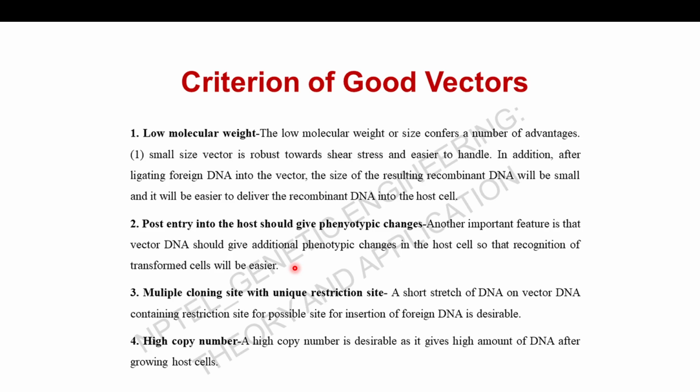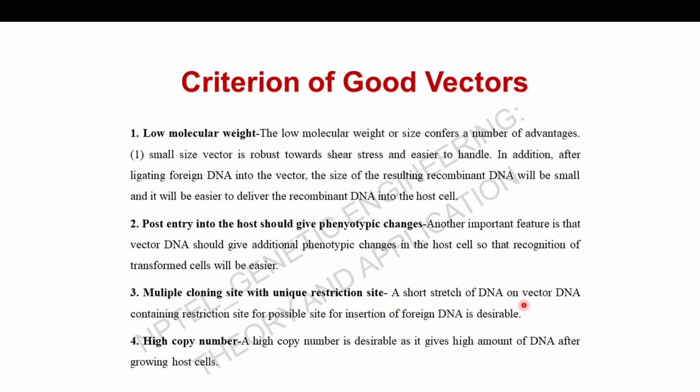And when the plasmid having ampicillin resistance is introduced into the cells, then only the ones that have nicely taken up the plasmids will be able to grow on a medium containing ampicillin. Okay. So this is what has been referred to. Suppose the ampicillin resistance that I am talking about in this example refers to the phenotypic changes that have been mentioned here. Okay.